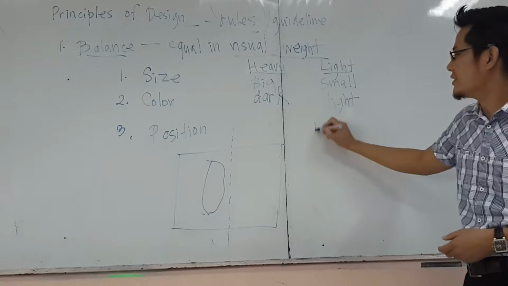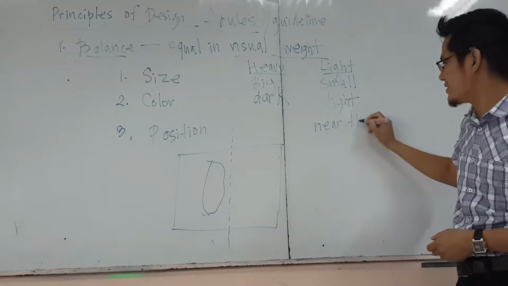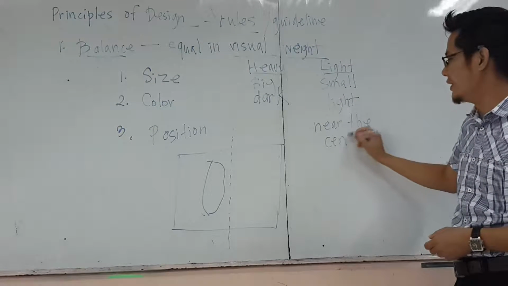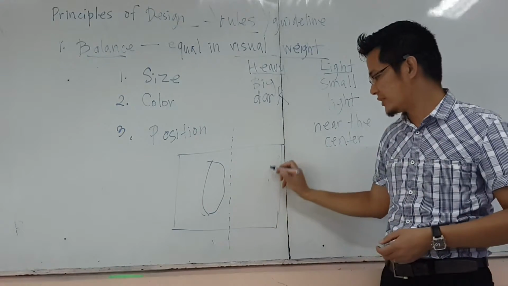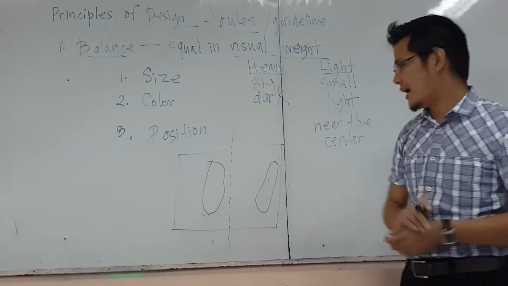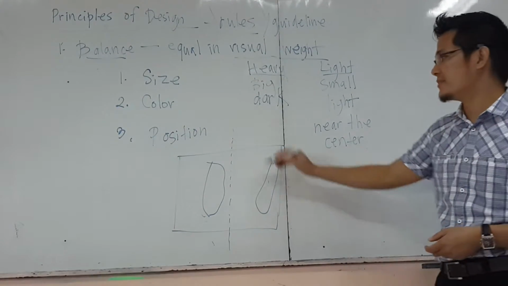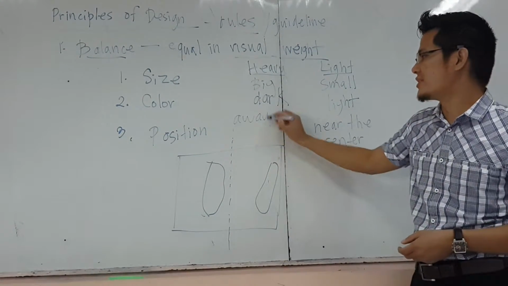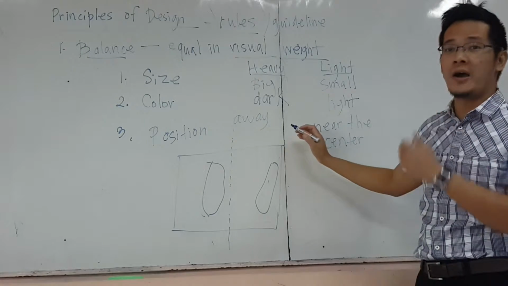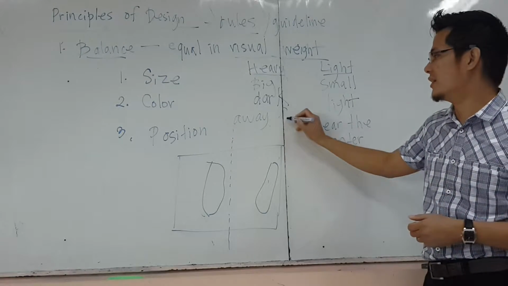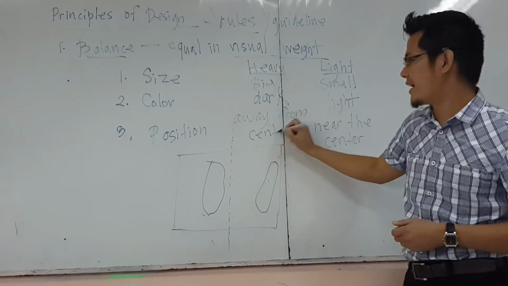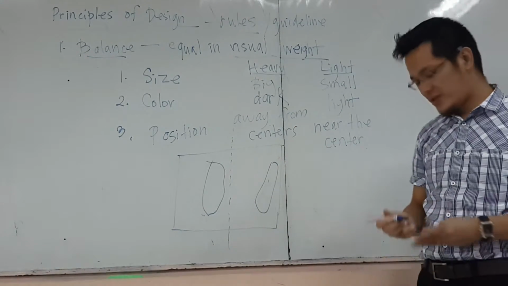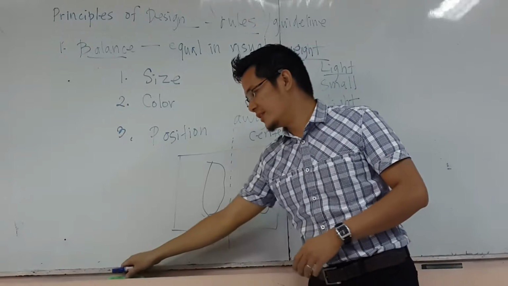Light. So an object that is near the center will look light. And an object that is away from the center becomes heavy. So from these three factors, I want you to solve this problem.